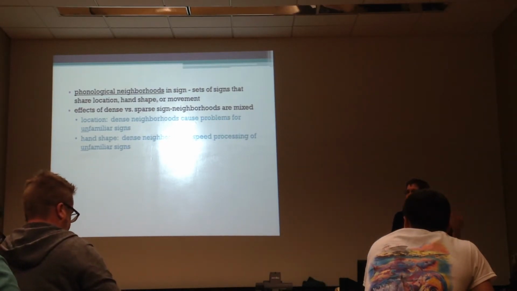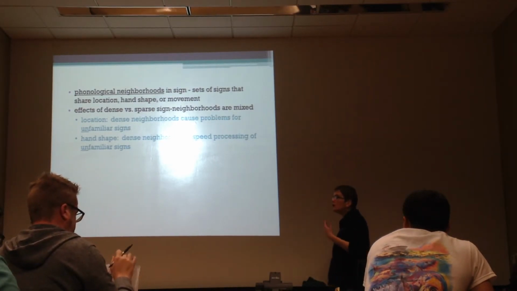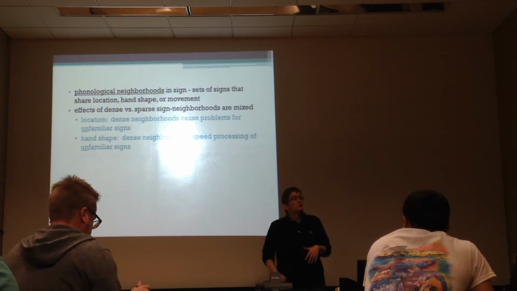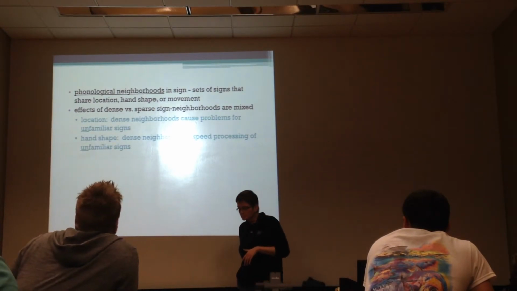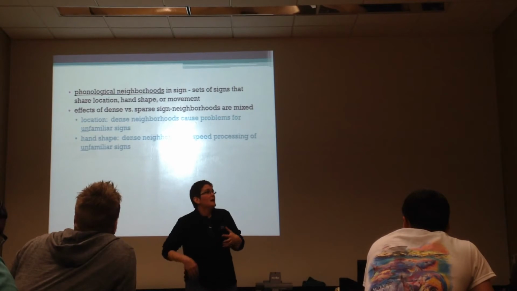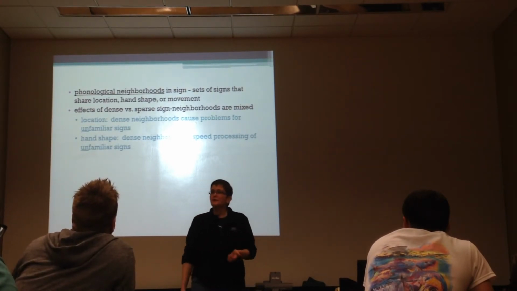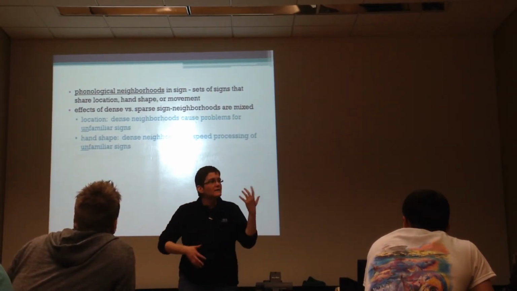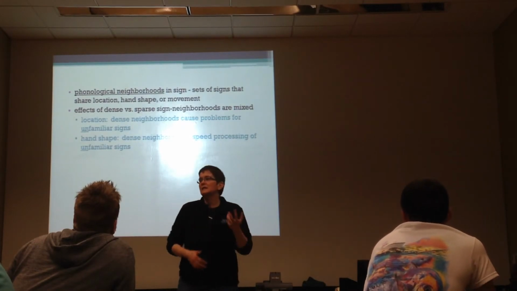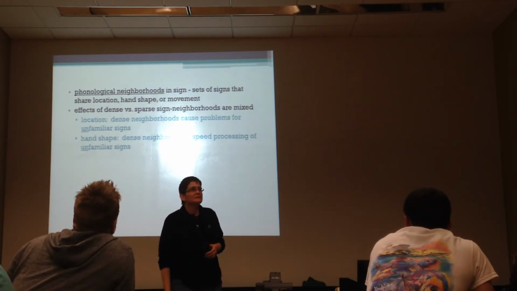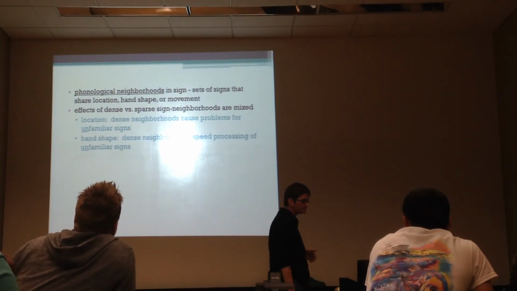So I can think of different words I know that begin with the R sound, or different words that I know that rhyme with each other. And we talk about these as phonological neighborhoods. These are words that sound alike and are connected by their similarity in sound.